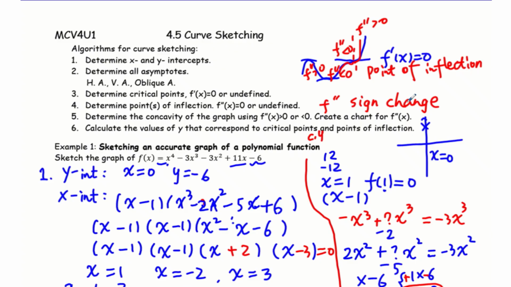Otherwise, we don't call it a point of inflection. If f double prime doesn't change sign, it is a local maximum or minimum. If it changes sign, from concave down to concave up, this is a point of inflection. Then we calculate the values for critical points and points of inflection, combine with the x and y intercepts, and we can graph.